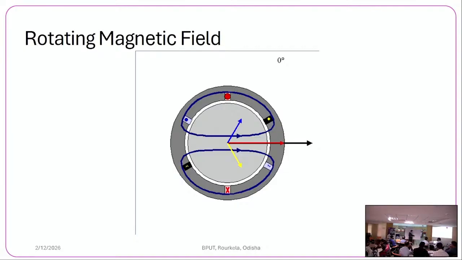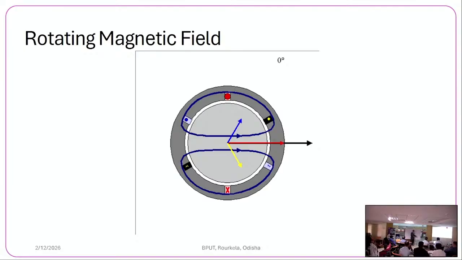Then at time t2, the angle is, I am writing, omega s into t2 is theta 2. Then this will be Im cos theta 2, because the current magnitude is varying with time. And this will be different.